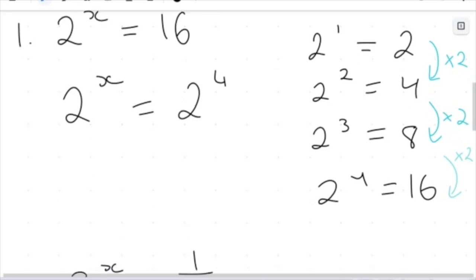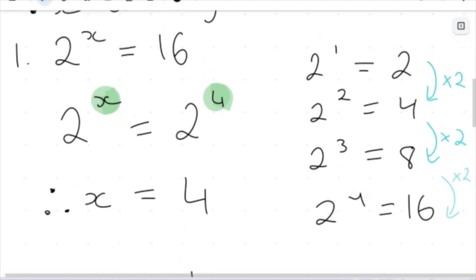Once the bases are equal, we can just read off: 2 to the power of something has to be equal to 2 to the power of 4. So therefore that something, x, has to be the same as this power on the right-hand side.